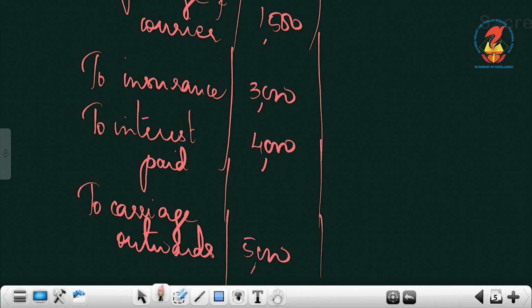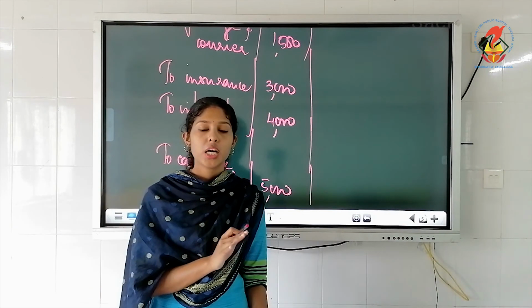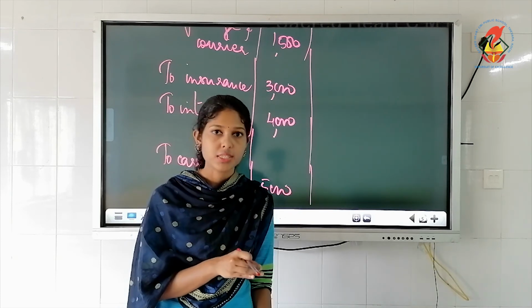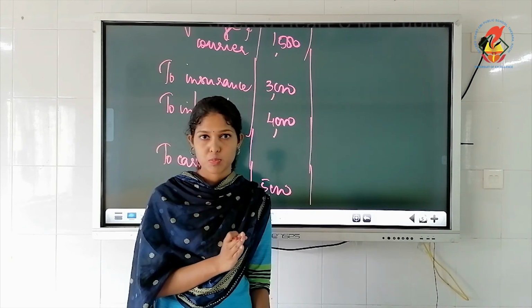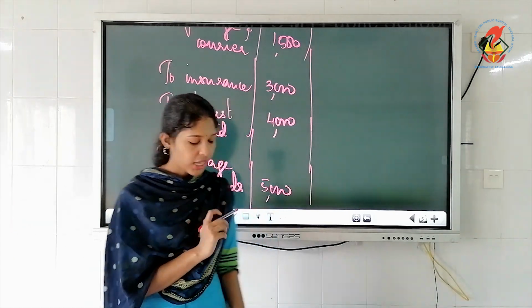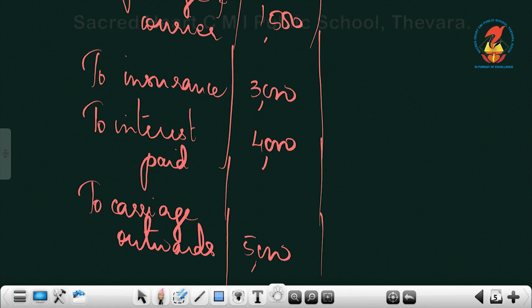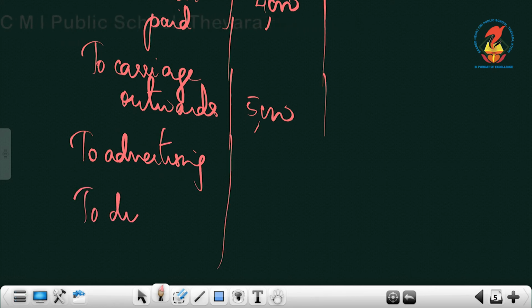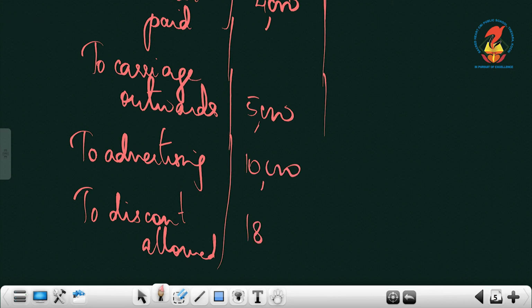If they simply give an item like carriage, not mentioning whether it is inwards or outwards, you take it as inwards. That means you take it as a direct expense if nothing is mentioned. Advertising, here you can write, then discount allowed, all these will come here. $10,000 and $18,000.